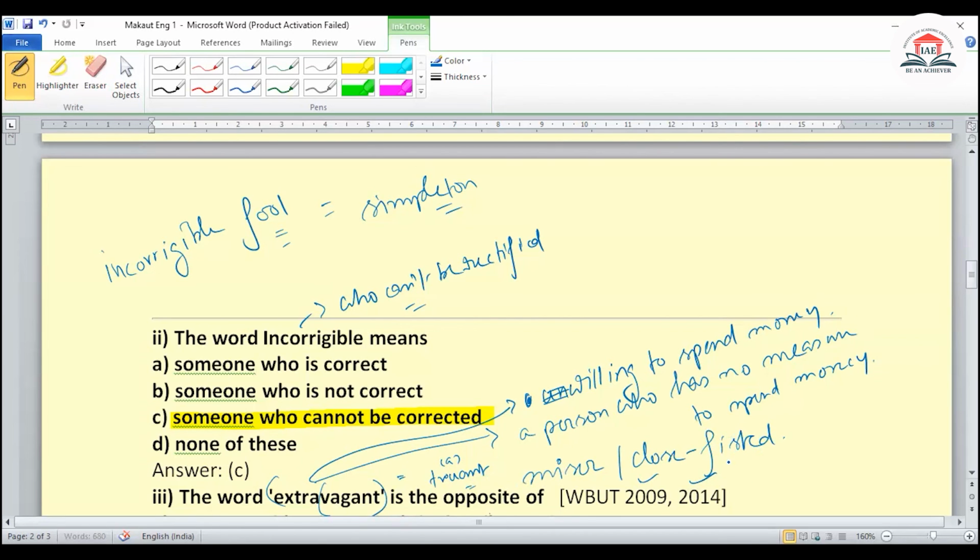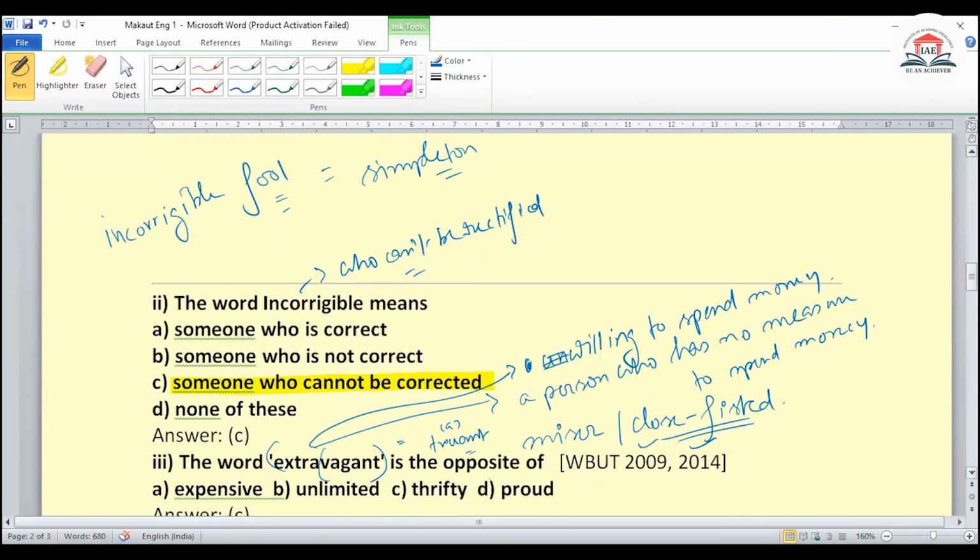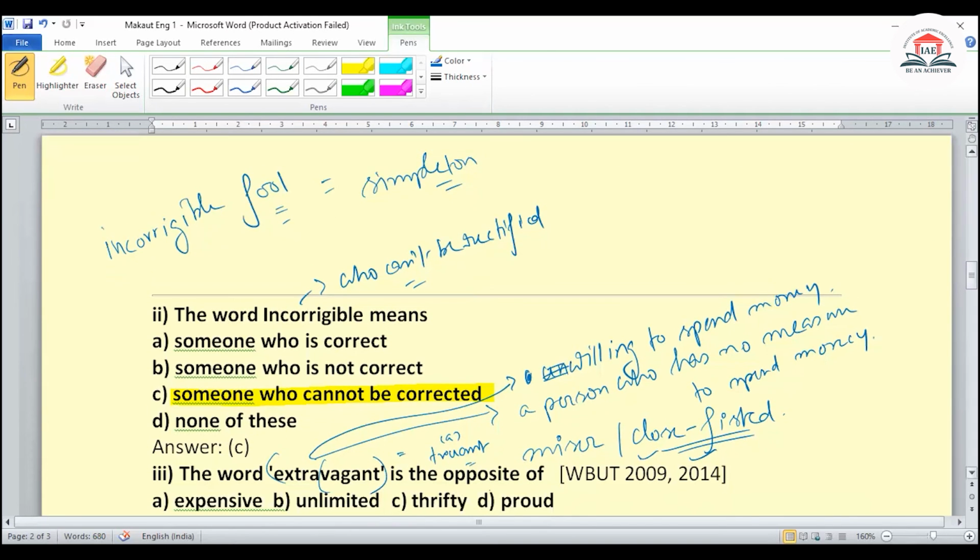Do you know the word close-fisted? হাতের মুঠো খোলে না, আমরা বলি না হাত শেপা বাংলায়. And that is a miser. Now, which one is correct from here? Expensive, unlimited, thrifty, proud.